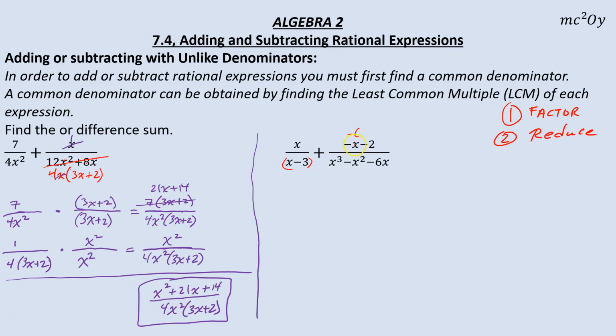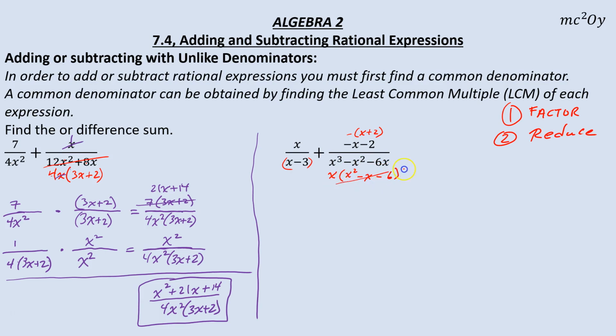So negative, if a is negative, so negative and then x plus 2. Okay, so negative times x is negative x, and negative times 2 is negative 2. And here I can take out an x, and that would give me x squared minus x minus 6.